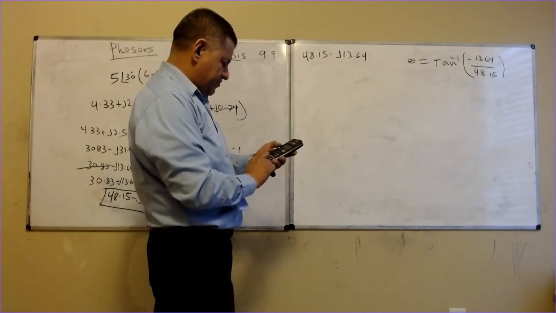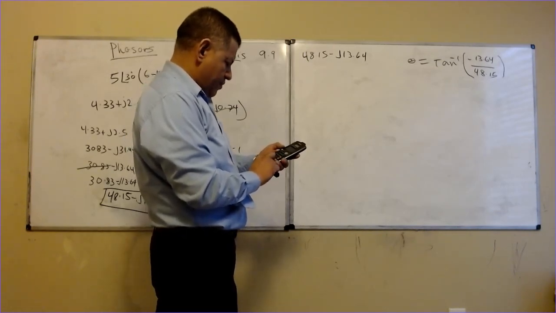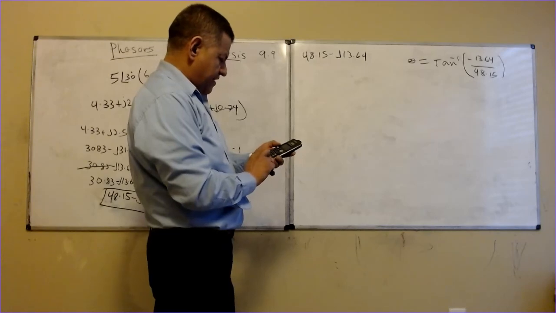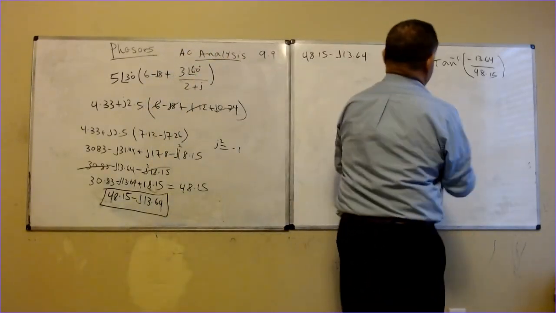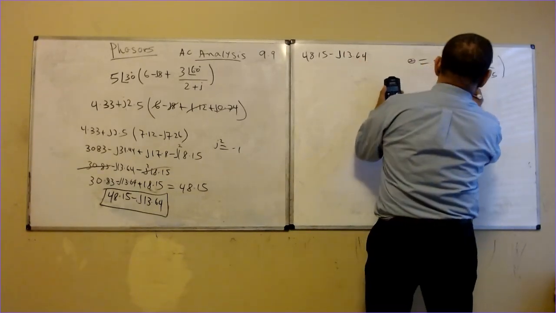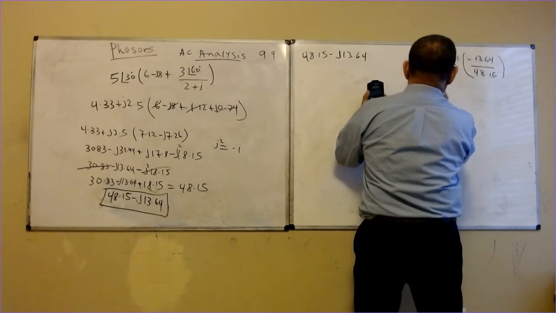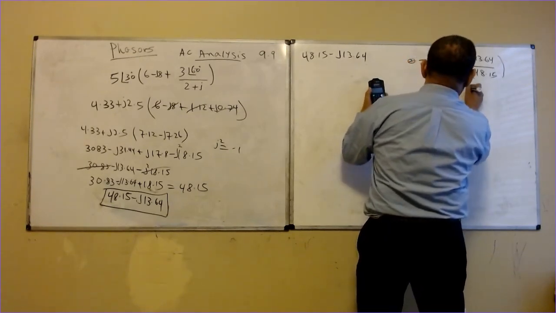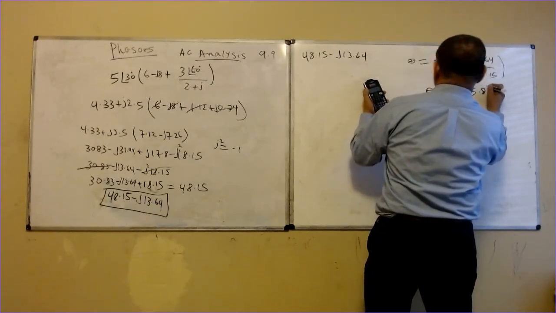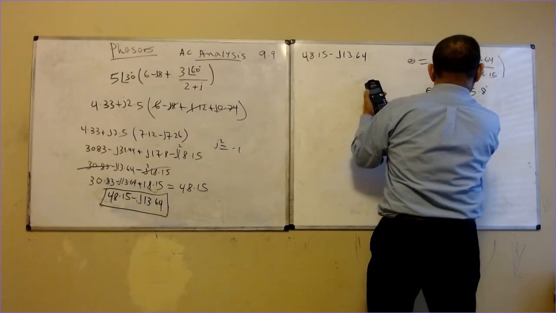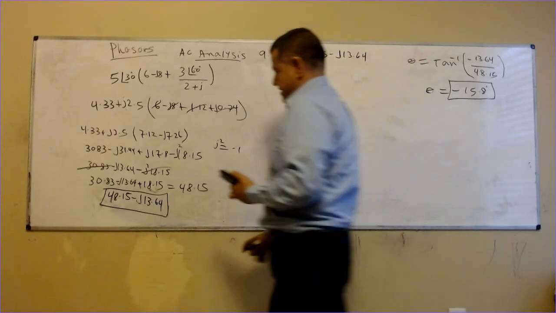So negative 13.64 over 48.15 is equal to theta, which is equal to negative 15.8 degrees, right? So now we have something to work with.